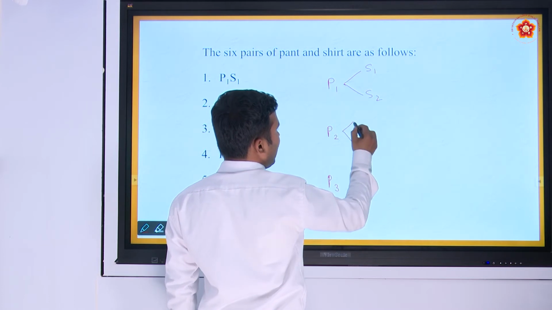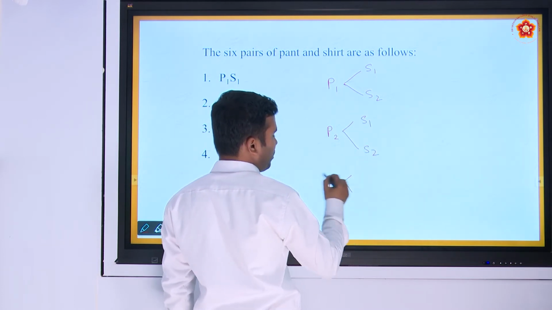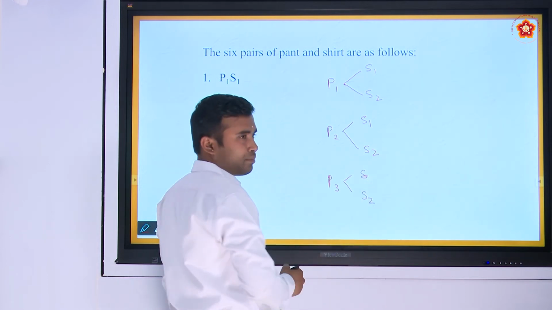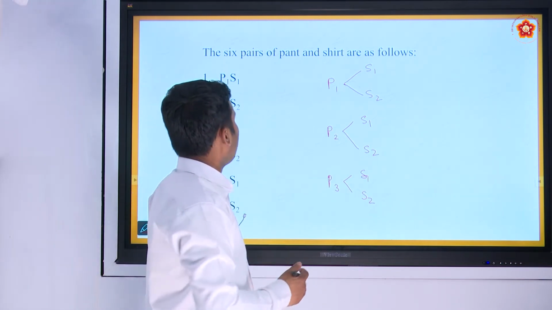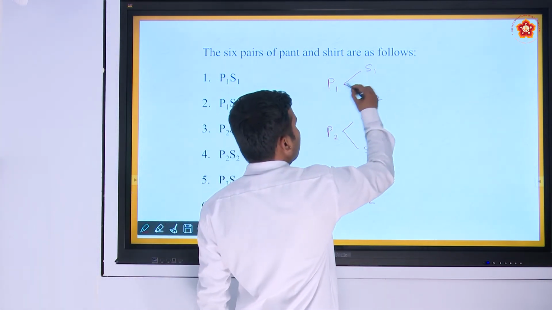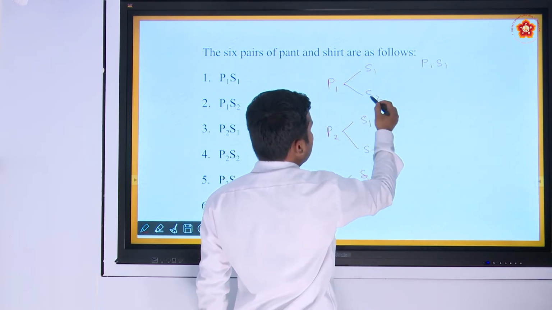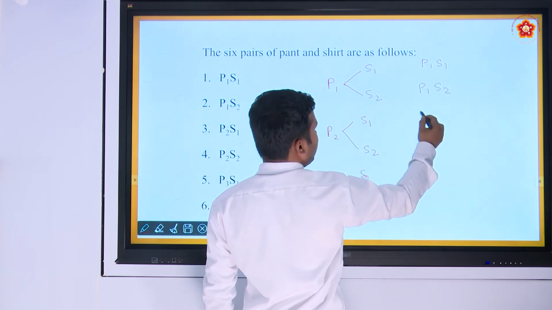For each pant we have S1, S2. Similarly for P3 we have S1 and S2. Then what will the possible pairs be? P1 S1 is one possibility, P1 S2 is the second, third P2 S1.